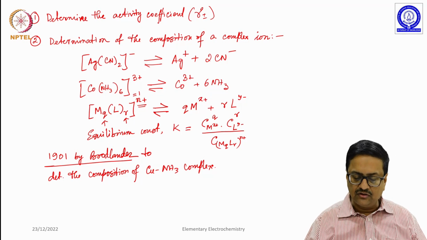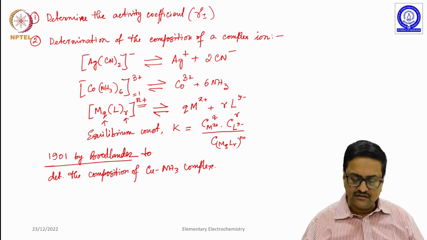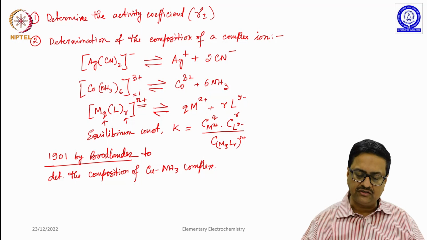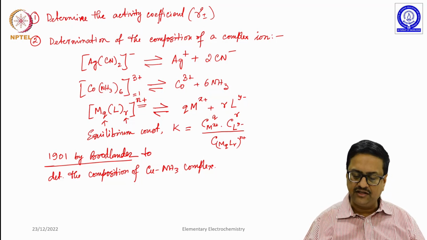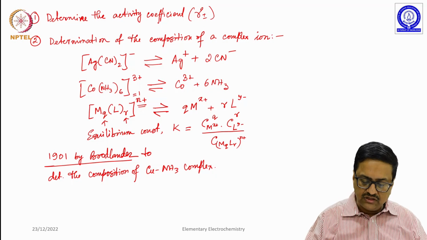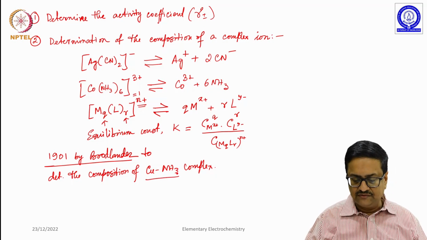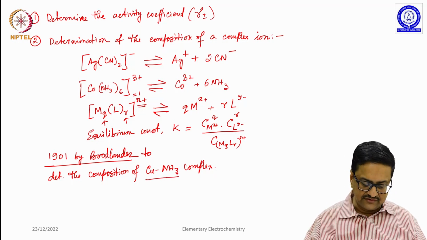As you all know, as a chemist, when you add ammonia to a solution of copper 2 plus, the solution turns deep blue in color due to the formation of a copper ammonia complex. So, he wanted to know what is the composition of such a complex.